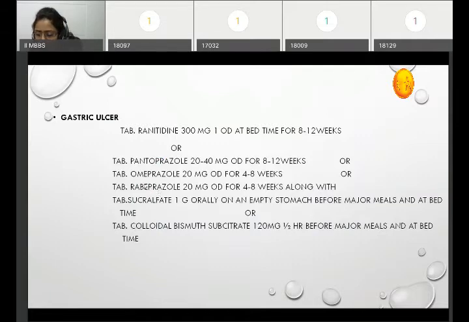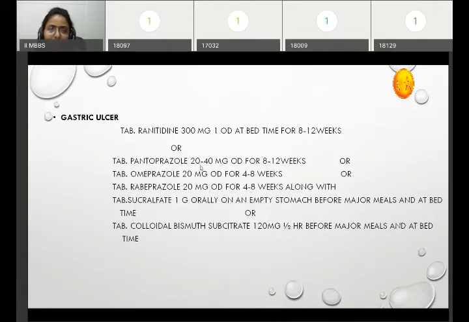In gastric ulcer cases, H2 blockers heal gastric ulcer up to 75% at the end of 8 to 12 weeks. While proton pump inhibitors heal gastric ulcer cases in 4 to 8 weeks, so they have more ulcer healing capacity.